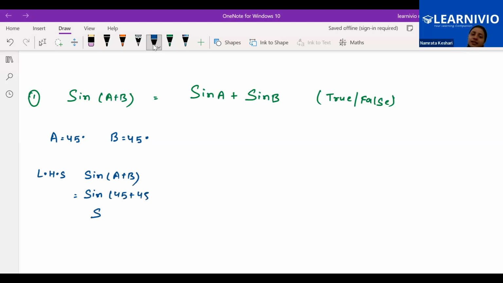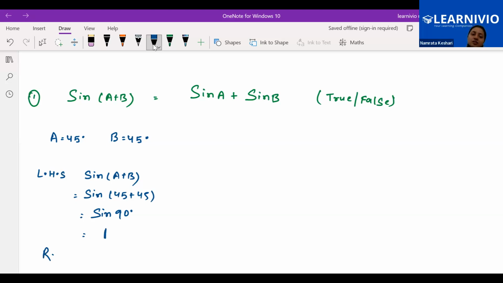That means sine 90 degree. And sine 90 degree value is, who will say? Anyone, please respond. 0 or 1? 1.